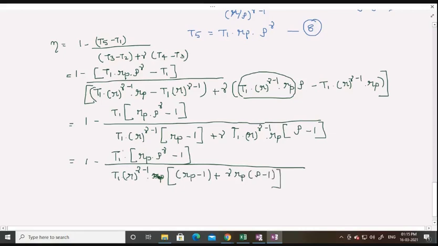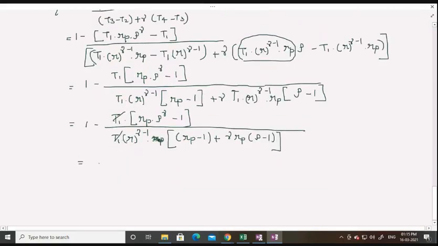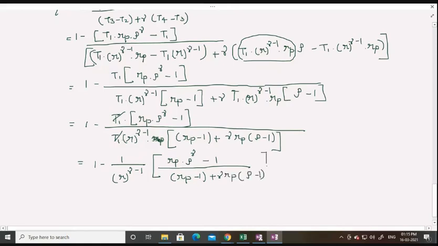Now T1 gets cancelled and the remaining term is 1 minus 1 divided by R power gamma minus 1, and the rest will be Rp into rho power gamma minus 1 divided by Rp minus 1 plus gamma into Rp into rho minus 1.